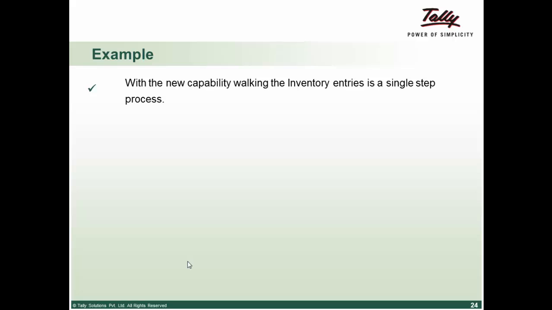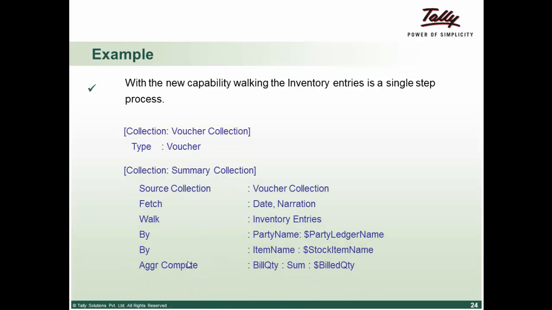Now with the new capability of walking inventory entries in a single step process, this is how in my remote my voucher date, narration, party name, item name and the billed quantity get displayed in a single scan. We don't have to worry about going back, calling the ledger name, mapping it with the item name and then calling it. No, it will happen in a single scan. And this collection can be simply fetched.